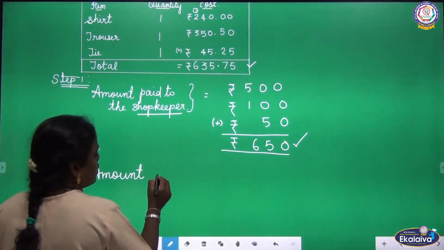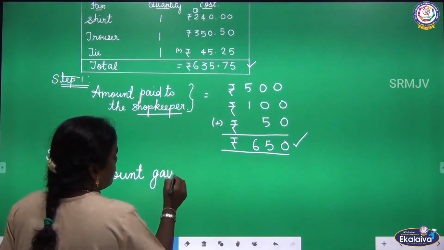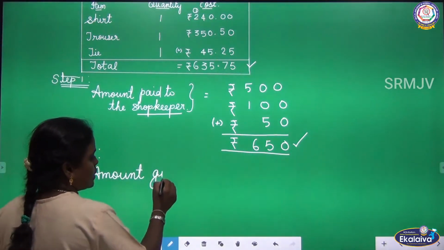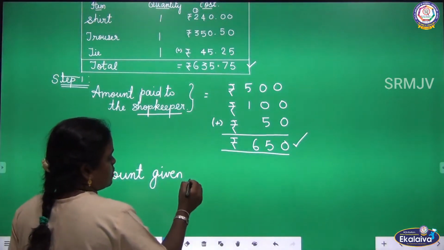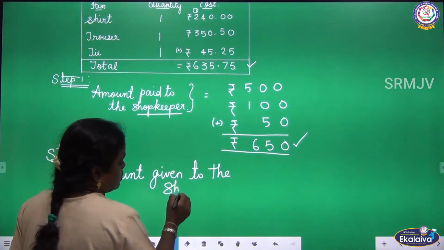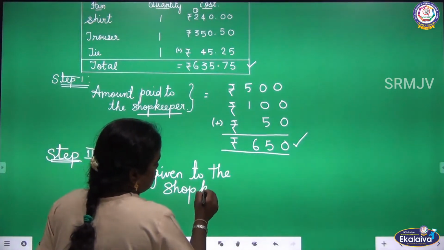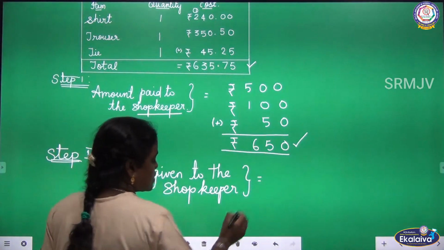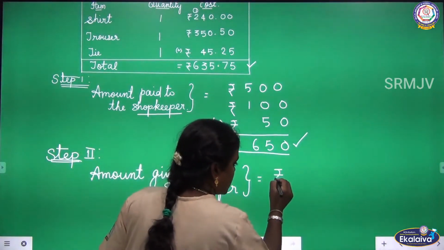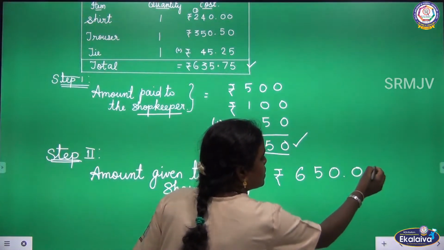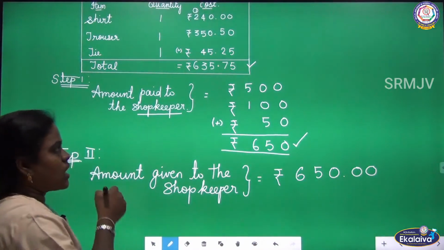Amount given to the shopkeeper. That is 650 rupees. There is no paise, write 0 in the paise column.